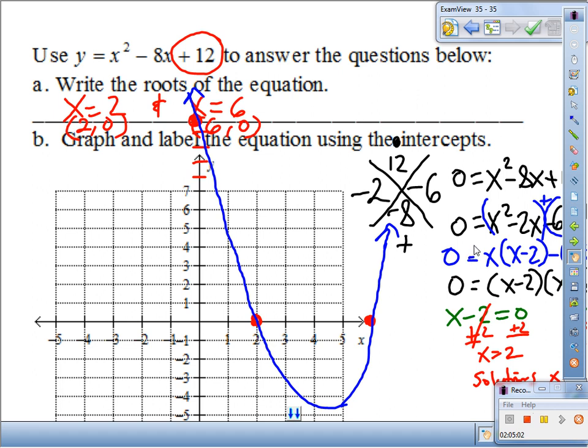Okay? Now, check this out, guys. Notice that here when we solve the quadratic equation, we solve using factoring. What other two methods, before I move on, do we know in solving quadratic functions or equations? Talk about the name. What other two methods?